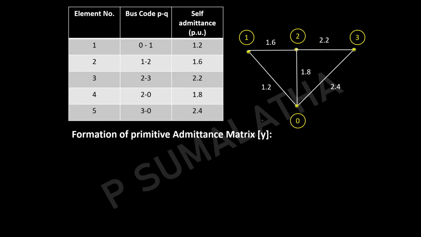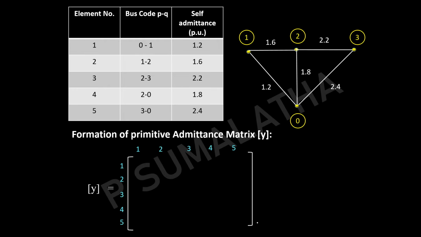The capital Y represents the bus admittance matrix and the small y represents the primitive admittance matrix. It is a matrix formed between elements to elements. We have here 5 elements, so let us represent 1, 2, 3, 4, 5, and similarly the columns also with respect to the elements only.